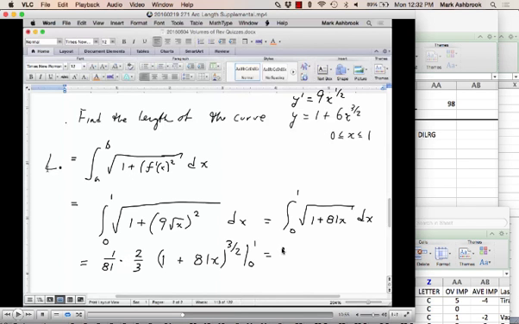Is that right? And I think you're going to get 82 when you put 1 in. Minus? Thank you. And then when you put 0 in, you're going to get just 1 to the 3 halves, which is just 1. So times whatever that is.